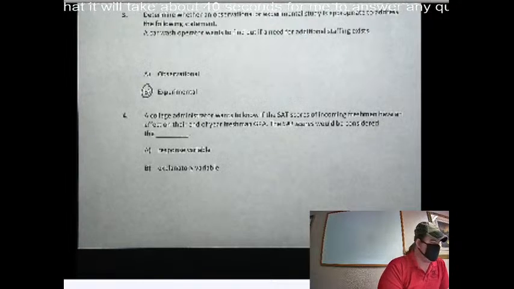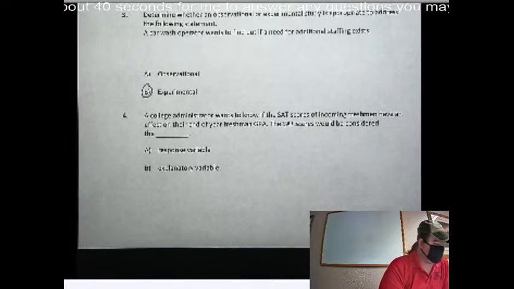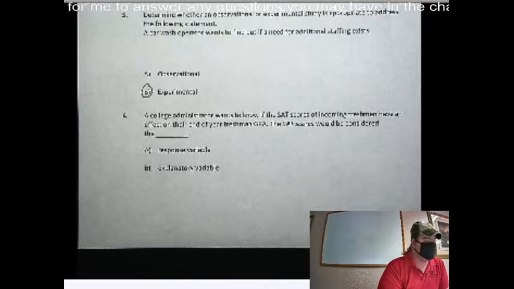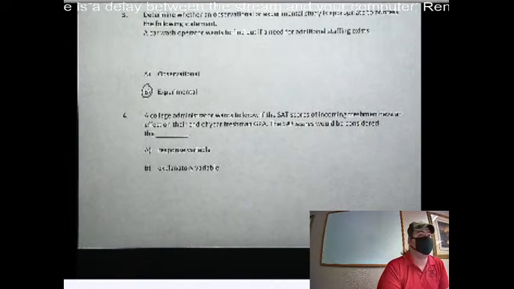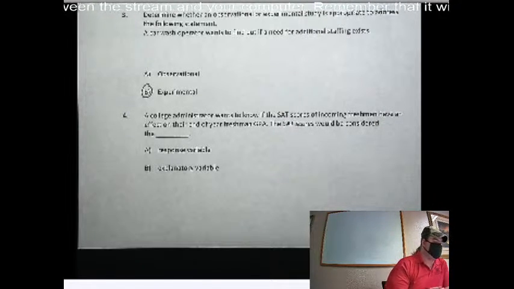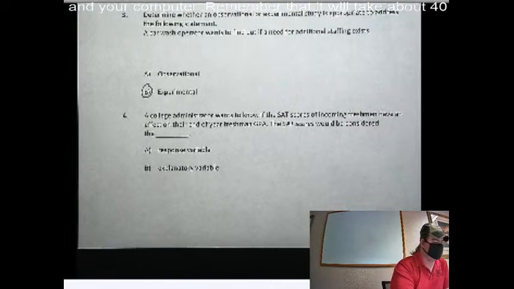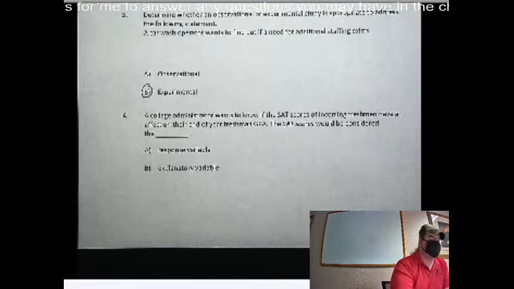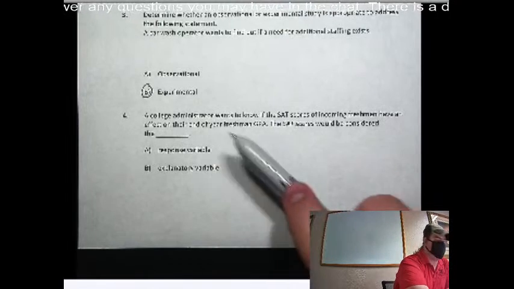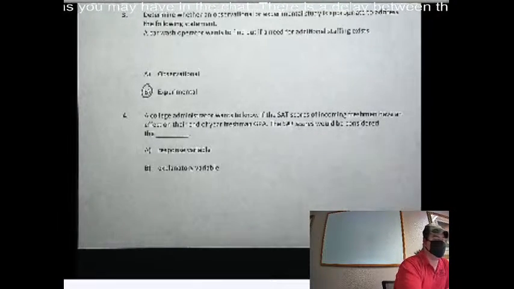Okay. And number four, a college administrator wants to know if the SAT scores of incoming freshmen have an effect on their end-of-year freshman GPA. The SAT scores would be considered the what? A response variable or explanatory variable? No, a response variable would be a direct response to their SAT scores.